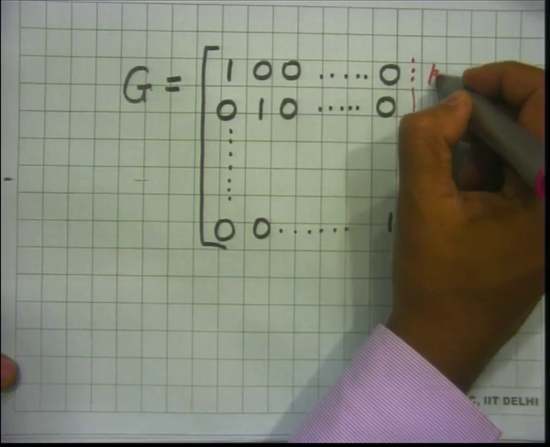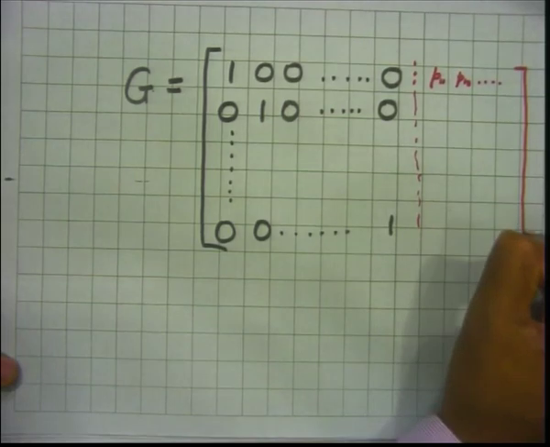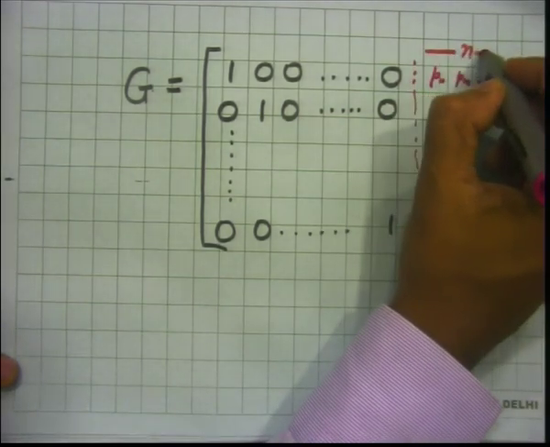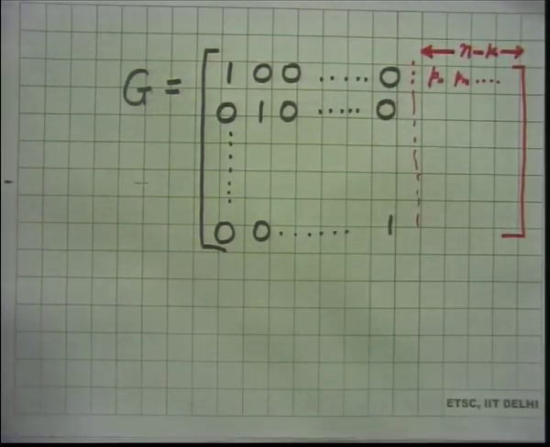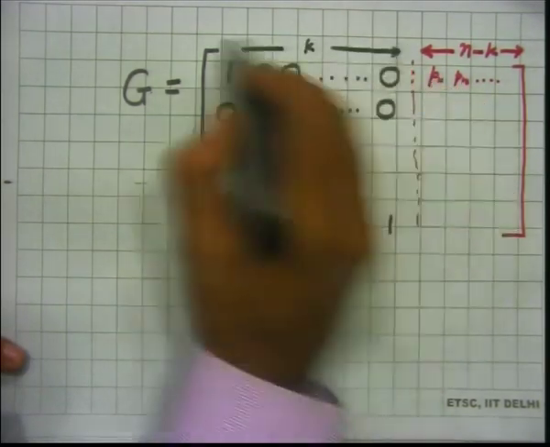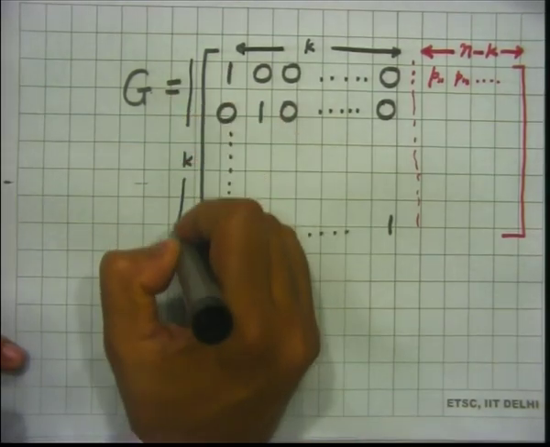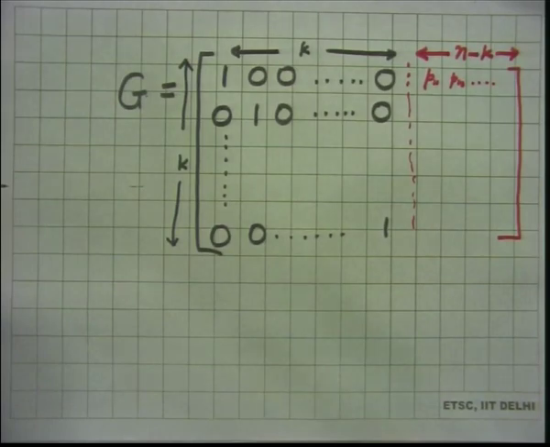So, P11, P12 and so on and so forth. But please note that this is n minus k and this is k. This is also k.